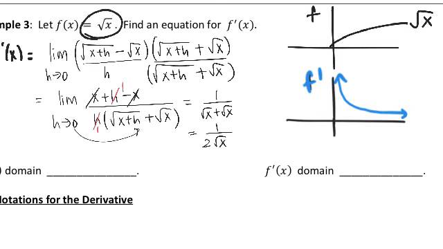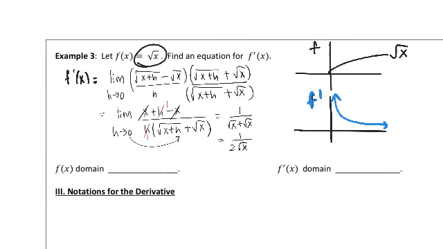So if you think of the domain of f, the domain is x greater than or equal to 0. If you think of the domain of f prime, it is x is greater than 0, because right here on the axis we have an asymptote. So what is this telling us? Well, this is telling us that actually the derivative for this function, let me draw this a little better.